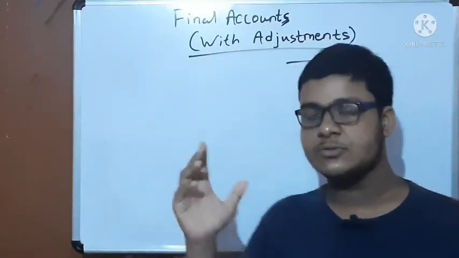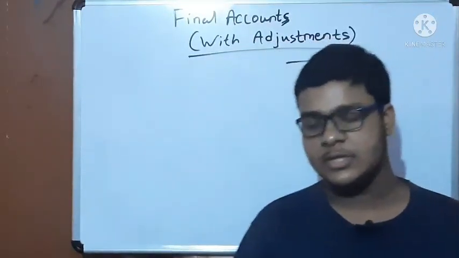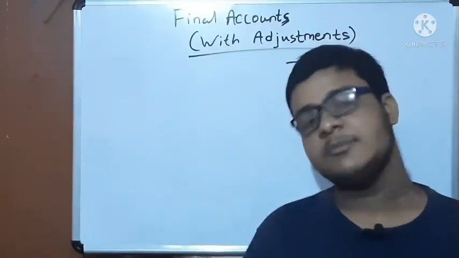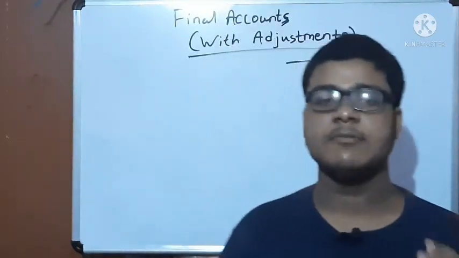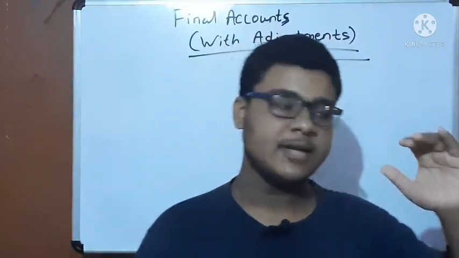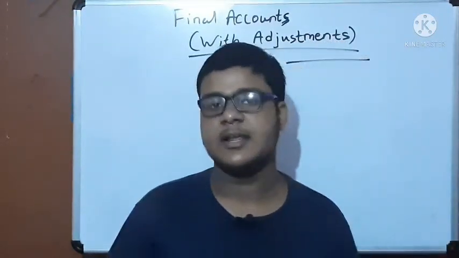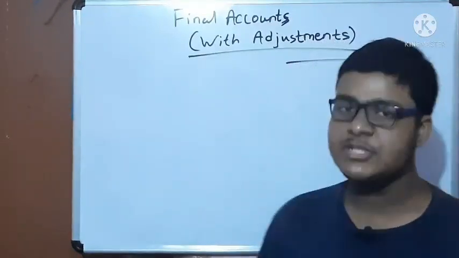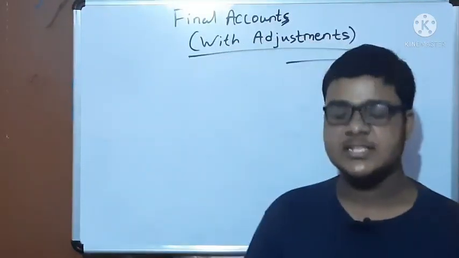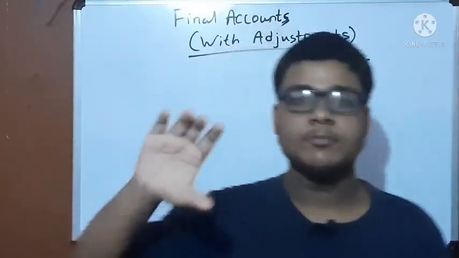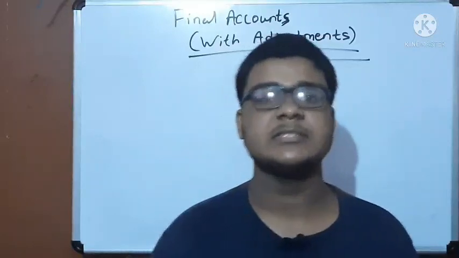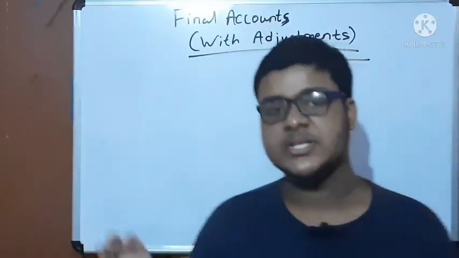You might think where the adjustment has to be written. In the previous chapter, we have read that transactions are written inside the trial balance, and the chapter name is without adjustment. But this chapter name is with adjustment. So the adjustments are to be written below the trial balance or outside the trial balance.